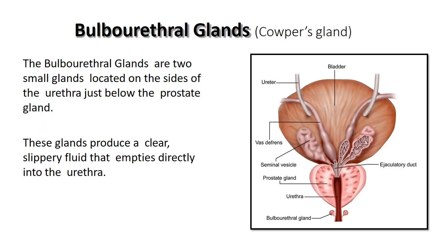Now we'll see the bulbourethral glands, or we can say Cowper's glands. The bulbourethral glands are two small glands located on the sides of the urethra, just below the prostate gland. You can see in the figure, two sides of the urethra and just below the prostate gland.